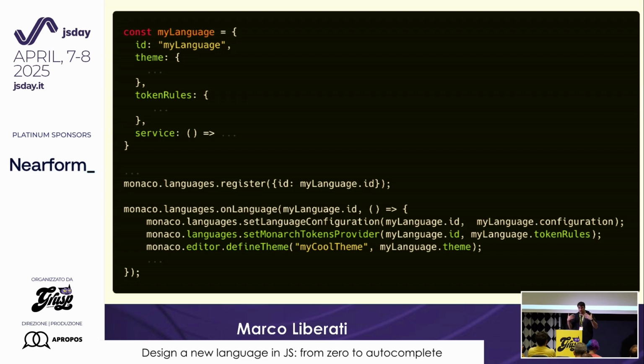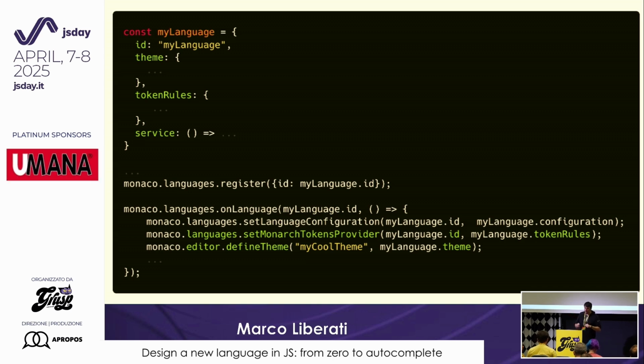like validation, autocomplete, these kinds of things. Now, this object is a completely arbitrary data structure, but roughly resembles the foundation of what is called a language service provider, which is an entire big topic that makes it easy to integrate this into any editor you want, not just Monaco. Then you got this object in your hands and you go to Monaco and you say, can you register this language by this ID?